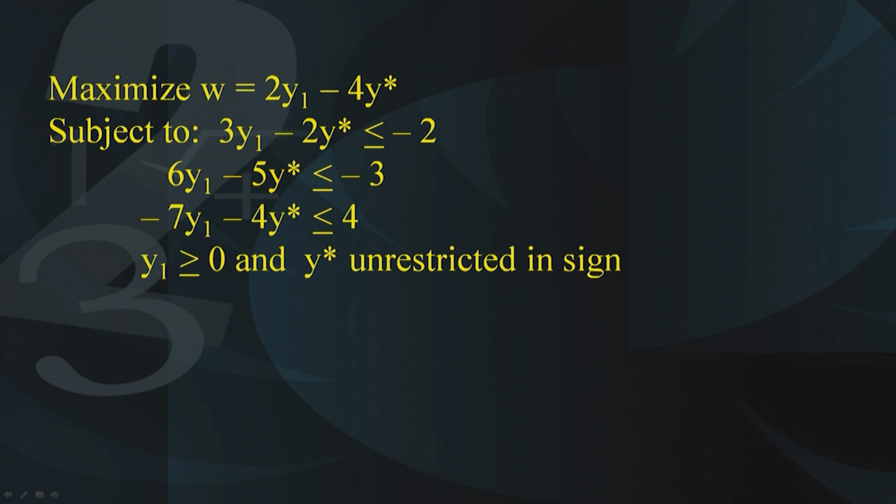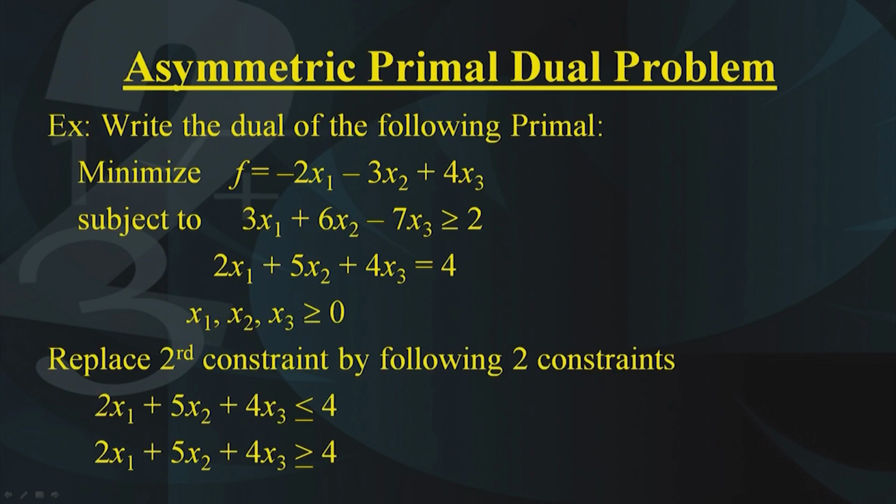Because let us go back to the problem. The given problem was this, that is, in the second constraint we had the equality. In the second constraint we had the equality, and therefore, the equality constraint of the primal is reflected as an unrestricted variable in the dual.